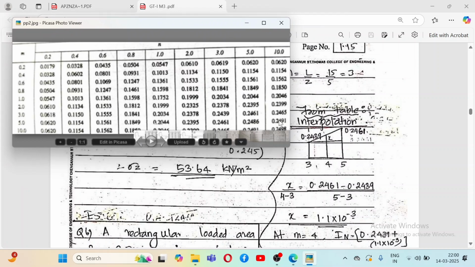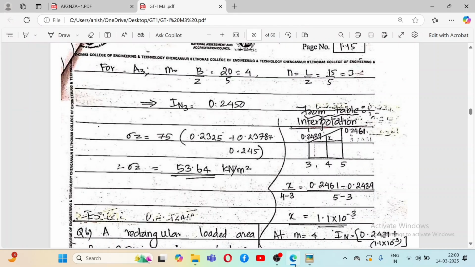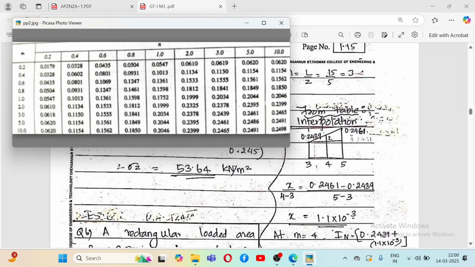So you have to find value for 4. 3 and 5 is given here. For 3 we have 0.2439, for 5 we have value as 0.2461, and then you need to find 4.